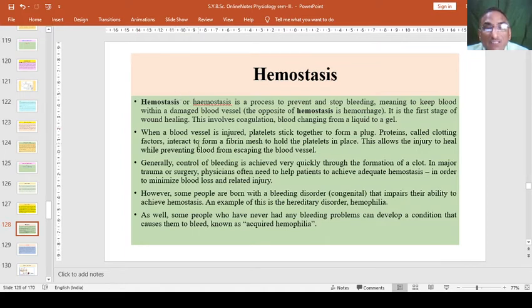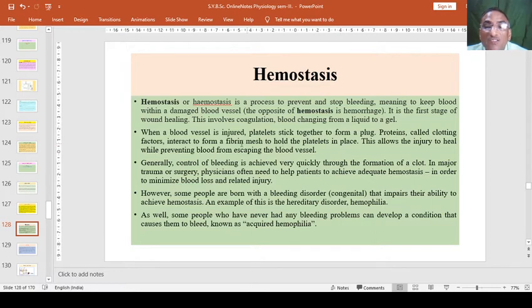When a blood vessel is injured, platelets stick together to form a plug so that the blood flow is completely stopped. Second, proteins called clotting factors interact to form a fibrin material, forming a mesh or network to hold the platelets in place.